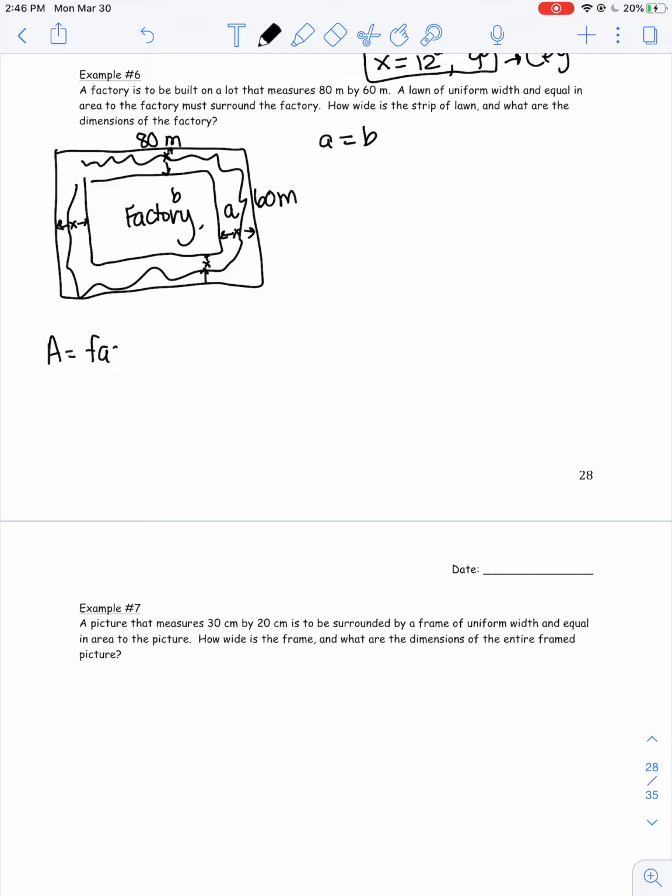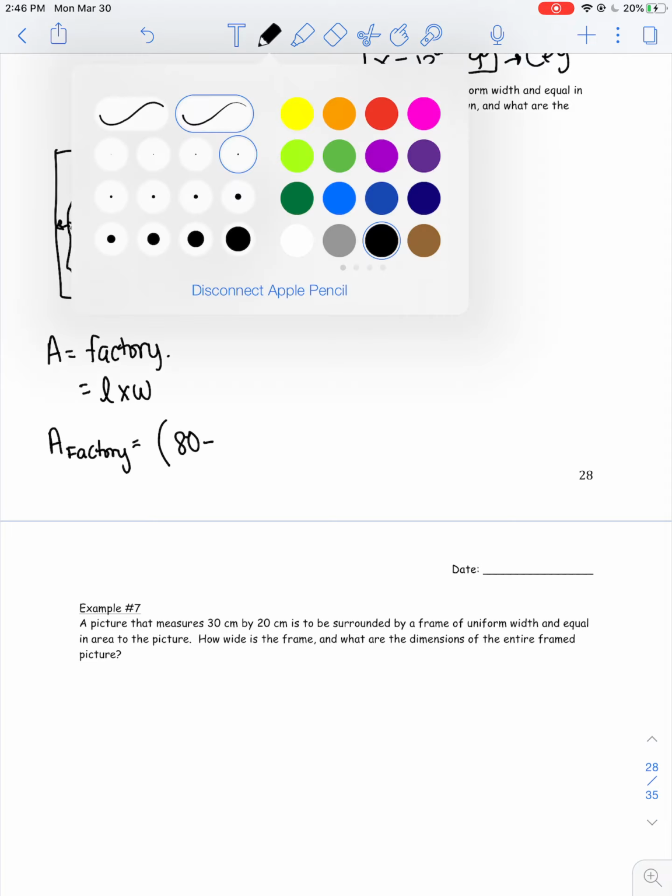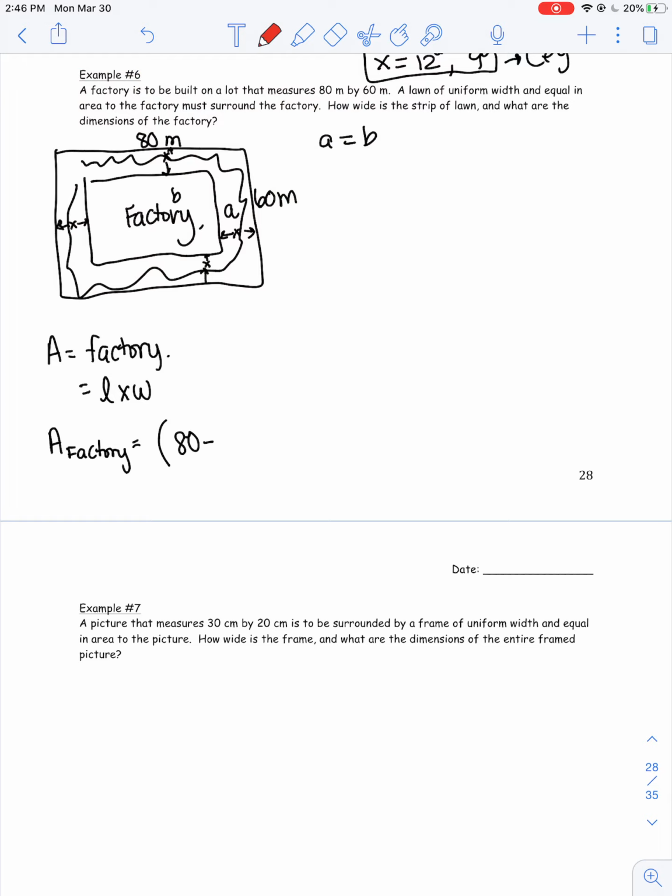We need to figure out, it says, what are the dimensions of the factory? So let's figure out the area of the factory. Area of a rectangle is always equal to length times width. So the area of the factory will actually equal the original lot, 80, minus, now we're taking off the grass. We have X and X grass that is surrounding it.